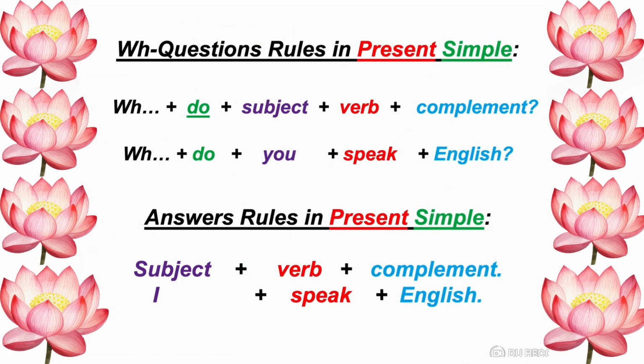Let's see the rule of WH questions in present simple. We have WH, so we put three dots. It means we can put what, where, when, whatever WH word you can put here, plus do, plus subject, plus verb, plus complement.